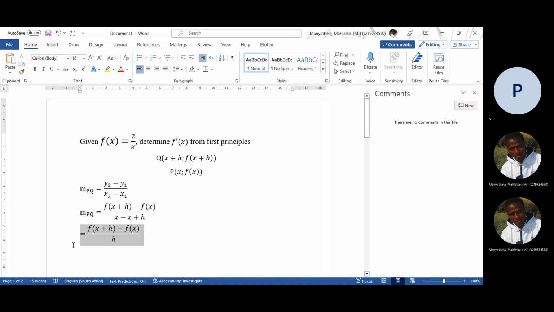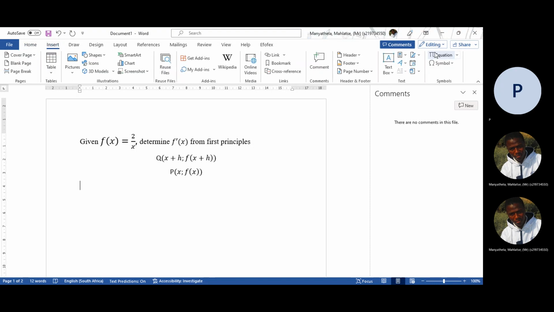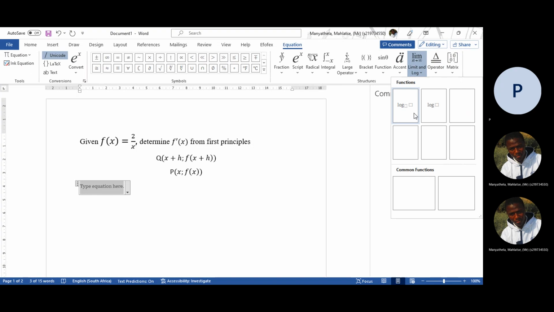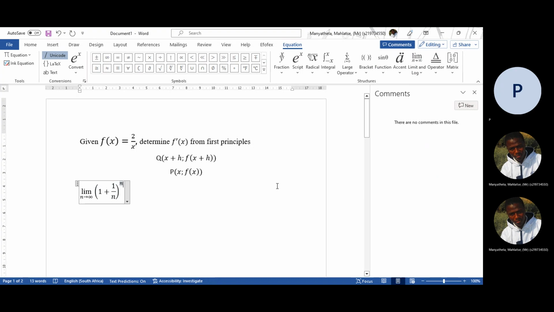So if we are going to determine this function from first principles, you're going to utilize the formula. So let's insert our equation. It has a limit. Let me clear this one.